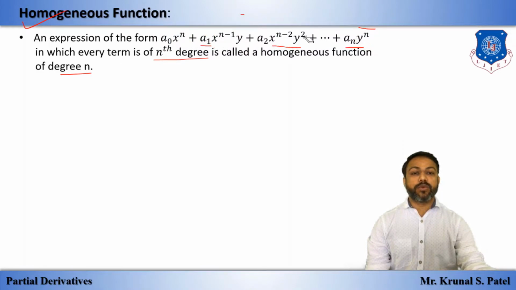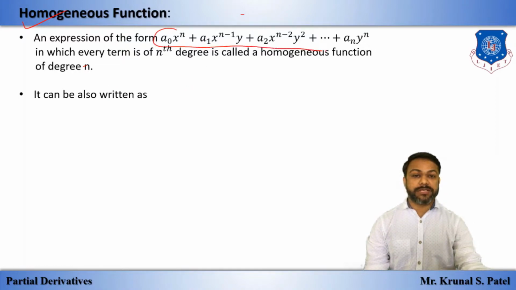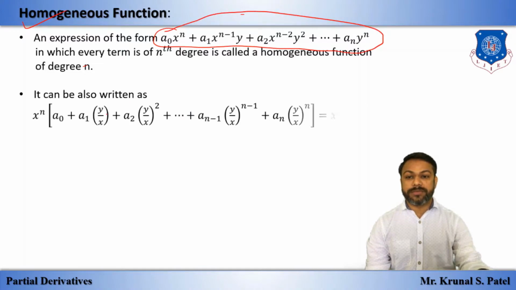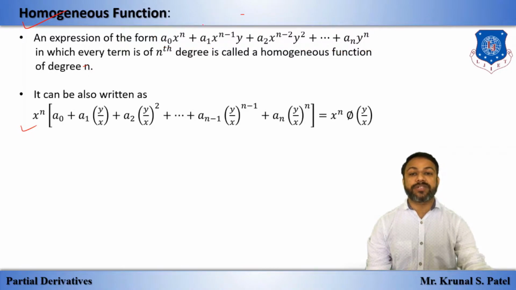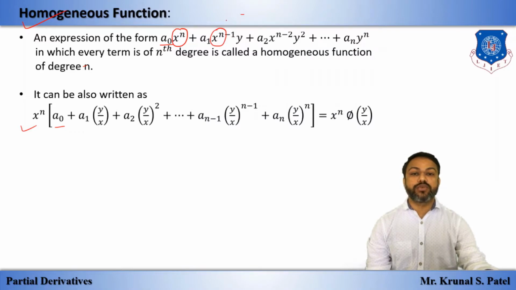Now to understand better, let's have a look at one more definition of homogeneous. We can write this given expression in this form. How is this form obtained from the given expression? If we take x raised to n common from each and every term, then the remaining terms are a0 plus, x raised to minus 1 and y.